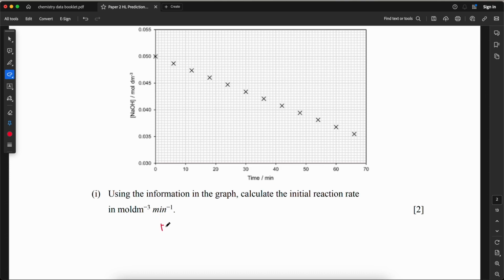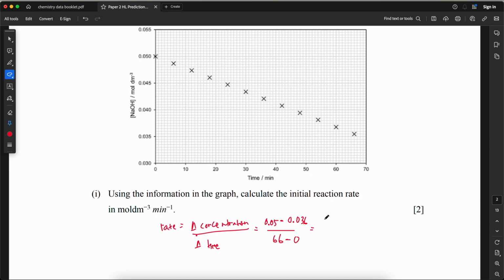So to calculate the rate, that would be the change of concentration. You can pick any point and time. So that would be 0.05. Okay, I picked this one. 0.05 minus 0.036 divided by 66 minus 0 time.